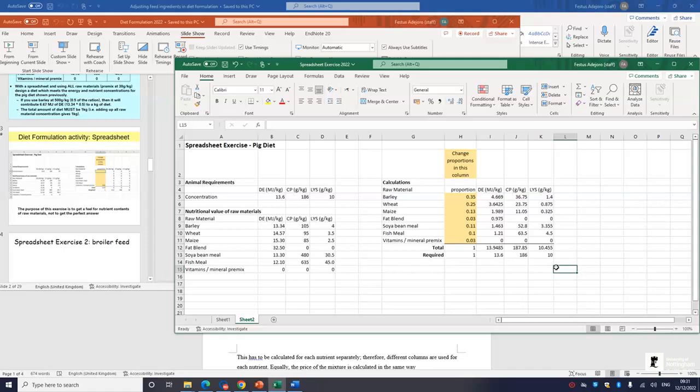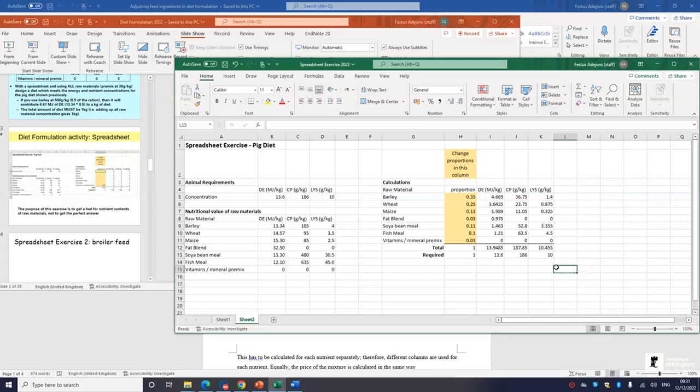If you look at my formula, in terms of meeting the digestible energy requirement of the animal, I exceeded the requirement. The requirement was 13.6. I formulated my diet to 13.9. So I have supplied excess energy.